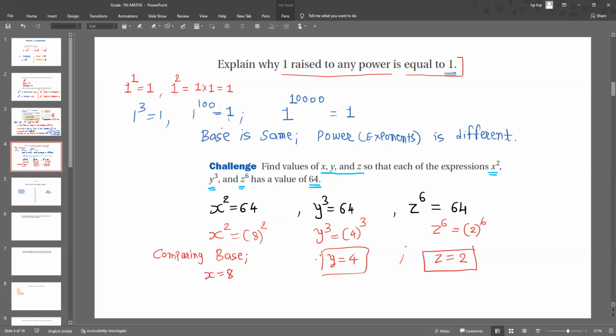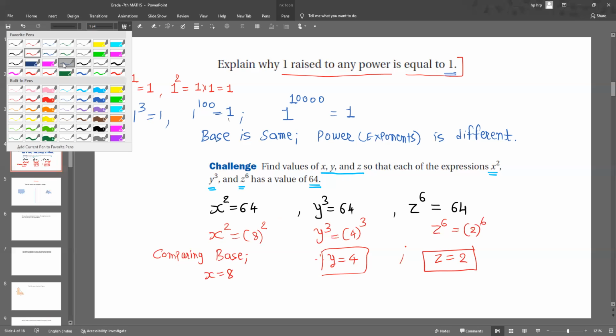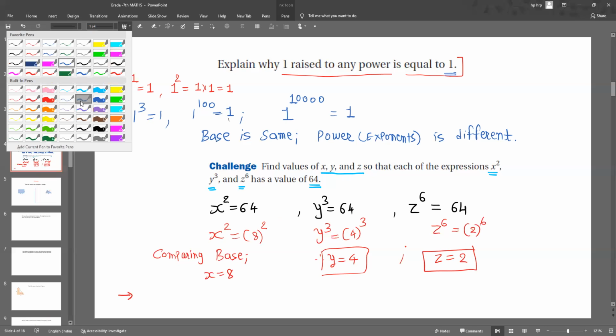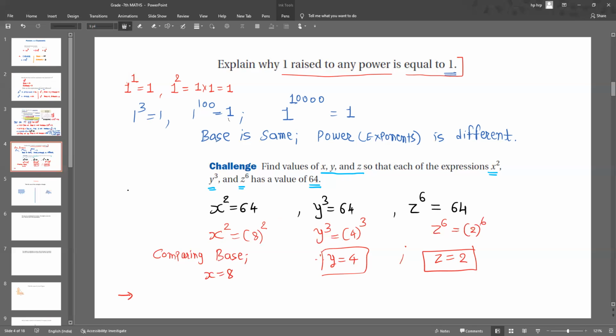Now I gave you one question based on power and exponent. Here I can write 7 raised to 5 multiply 7 raised to 3. Can you identify how we can write this 7 raised to 5 into 7 raised to 3 in the form of power and exponent?